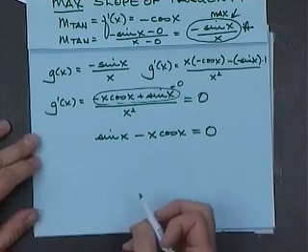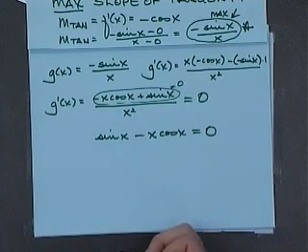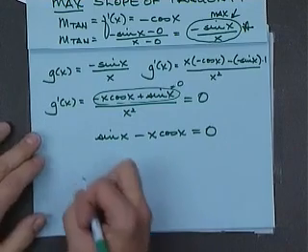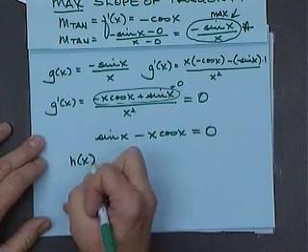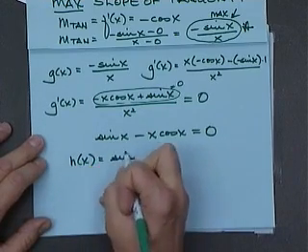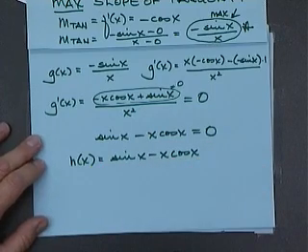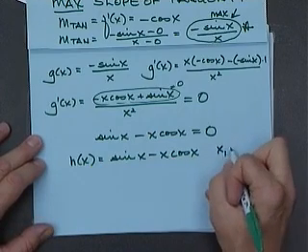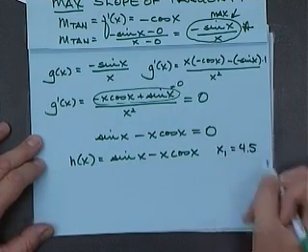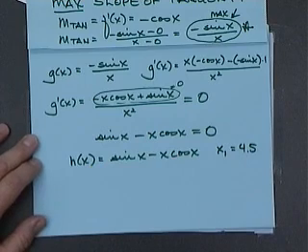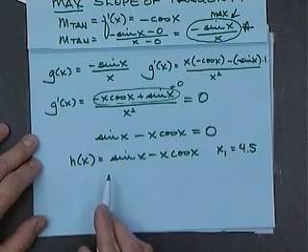We've already used f of x and g of x, so let's call this h of x. There's our function. We're trying to find the root of that function, and we decided earlier that we wanted to try x1 at 4.5.